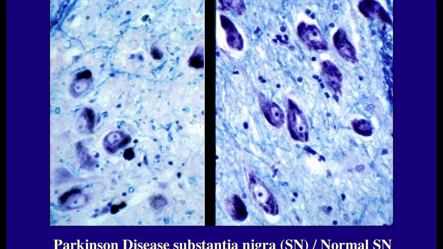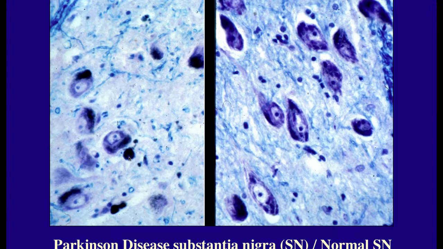So in this split screen image, on the right-hand side, you see the pigmented neurons in a normal subject. On the left is from a subject with Parkinson disease. There are fewer neurons, there's an accumulation of extraneuronal pigment, sort of tombstones of dead neurons.